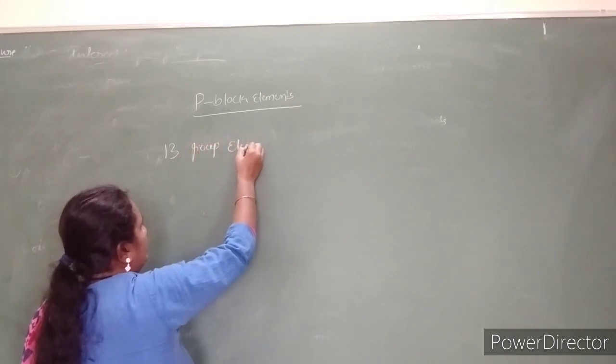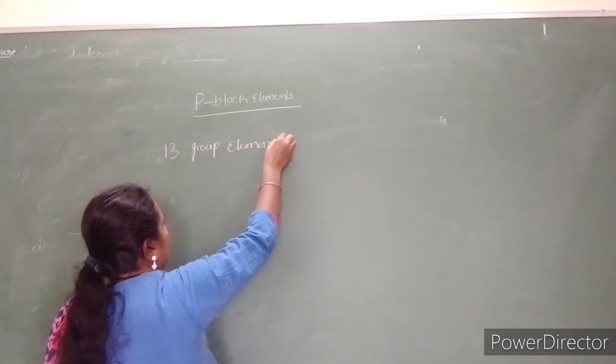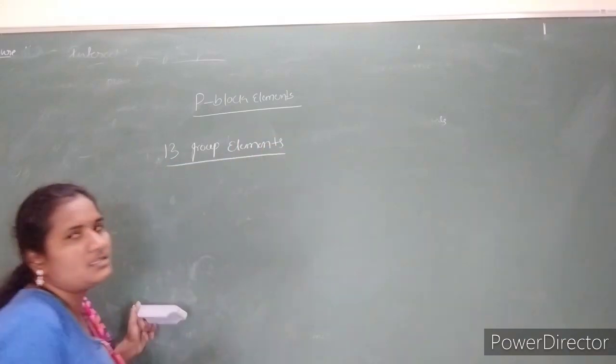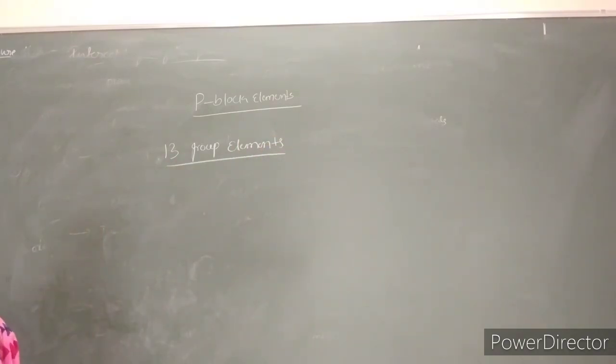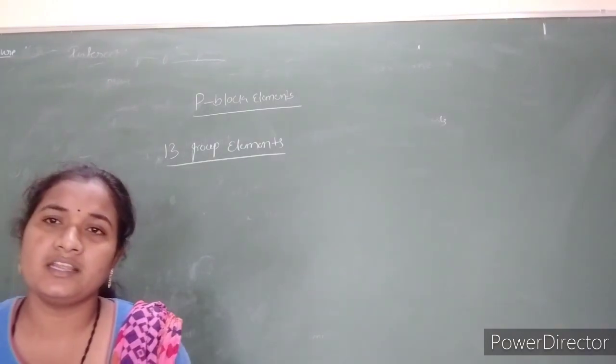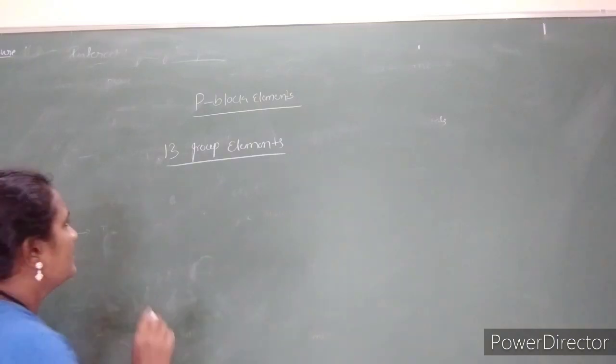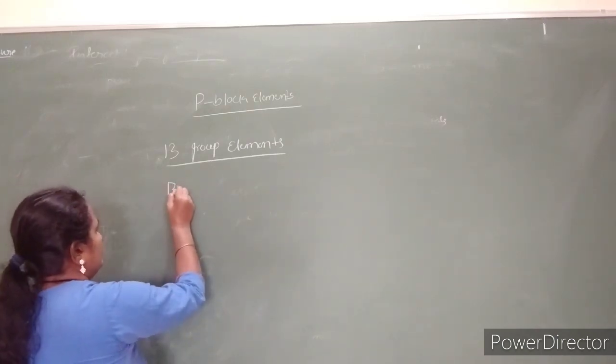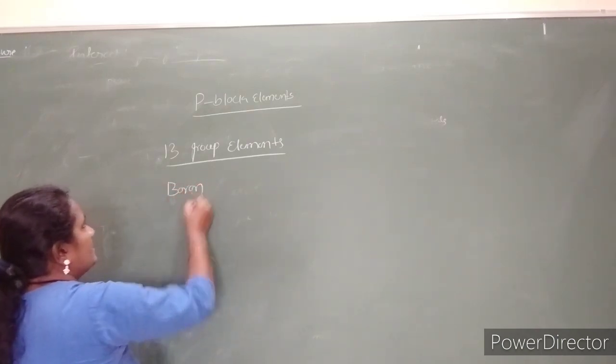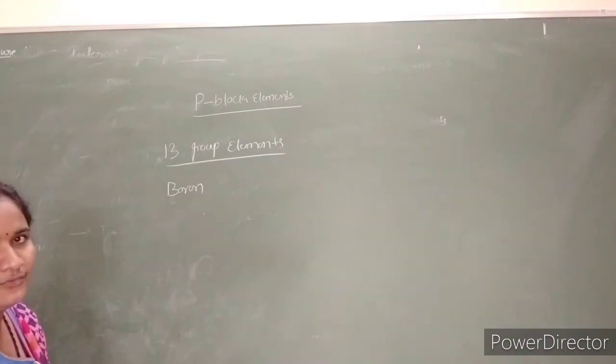In this year you are learning only about 13 and 14, and next year you have the further groups, meaning 15, 16, 17 and 18. The first member of the 13 group is boron, which is why it is called the boron family.